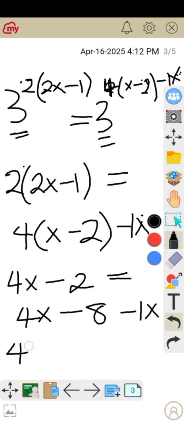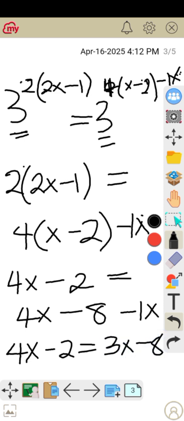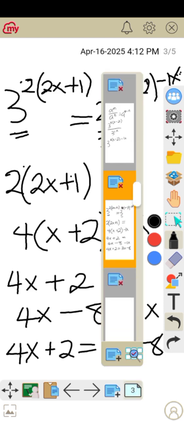This becomes 4x minus 2 is equal to 4x minus 1x, which is 3x, minus 8. Sorry, this is a plus, and then this is another plus.